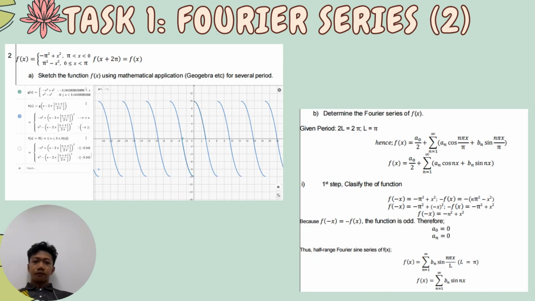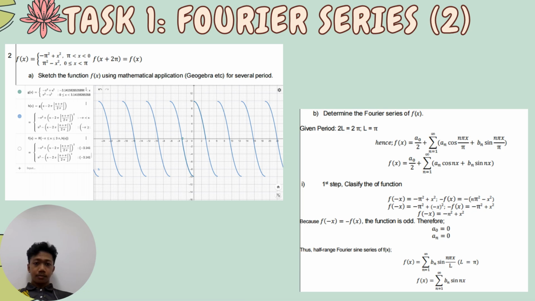Next, for the Fourier series for question 2, it involves a piecewise function of pi and x squared. And after sketching the graph using GeoGebra, this is the sketch that we get.